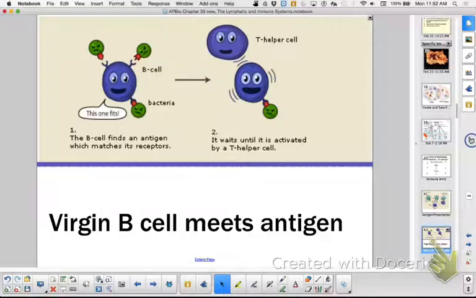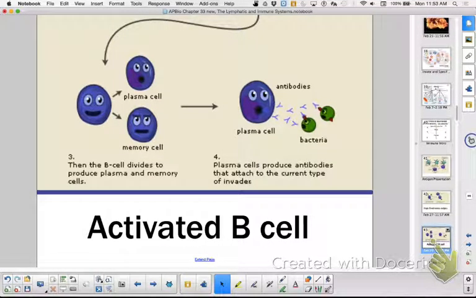And because it's a virgin, in order for it to move forward, a T cell that has already been previously activated needs to agree with it and say, you're right, that is a pathogen. Let's fight it together. So now this B cell will multiply and make a clone army of cells that recognize just that particular pathogen. And he will make two types of cells, plasma cells.